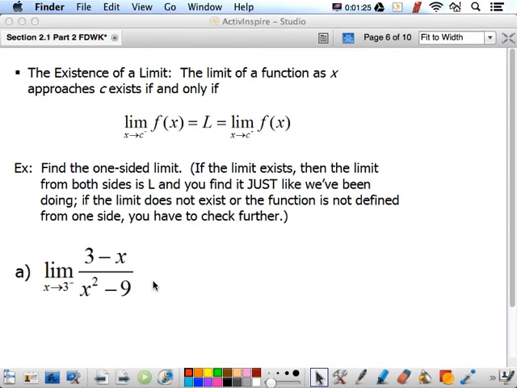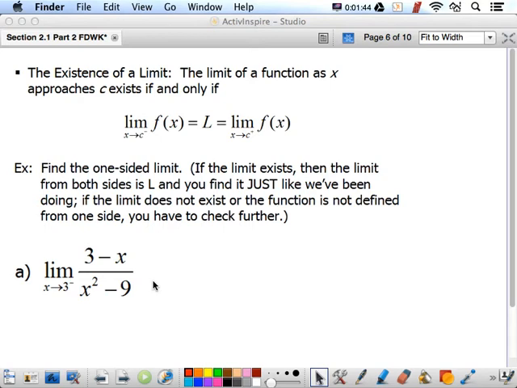The limit only does not exist when what? Left and right aren't equal. And when it jumps, when it oscillates. And we also know now that if it's outside the domain, the left and right limit can't be equal, right? But there's nothing that makes us think any of these things have gone on.